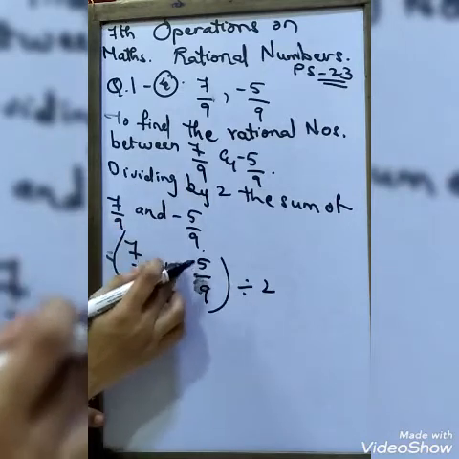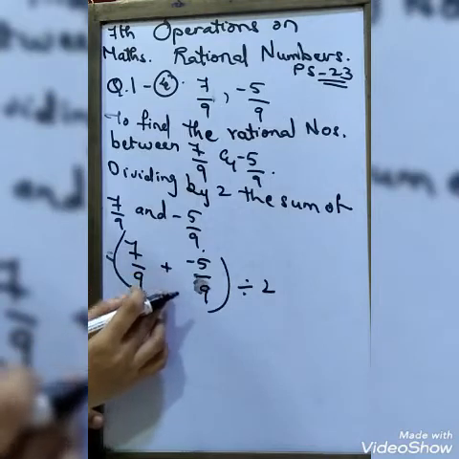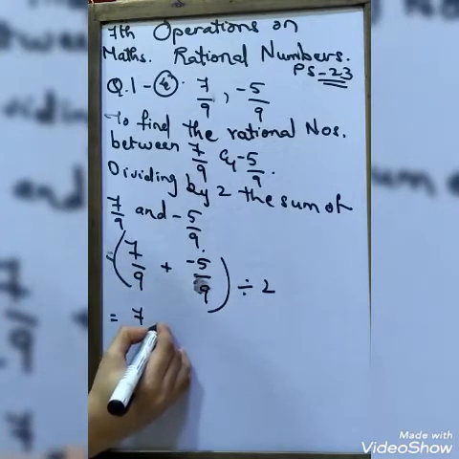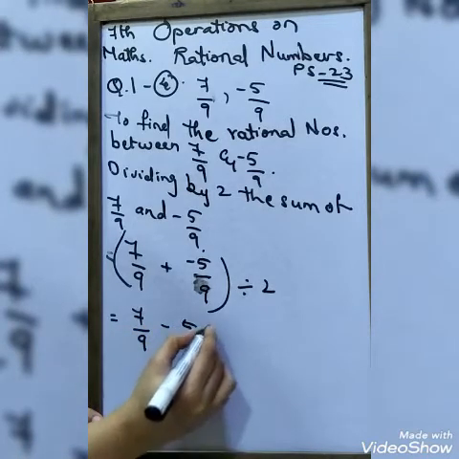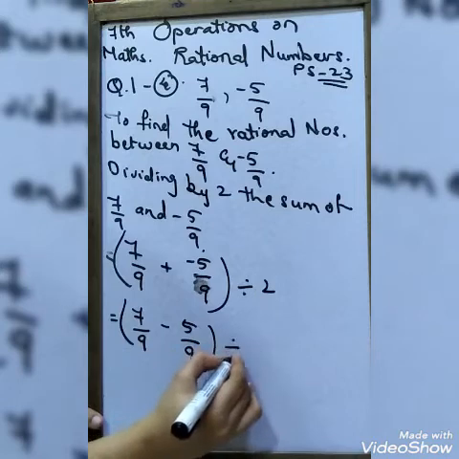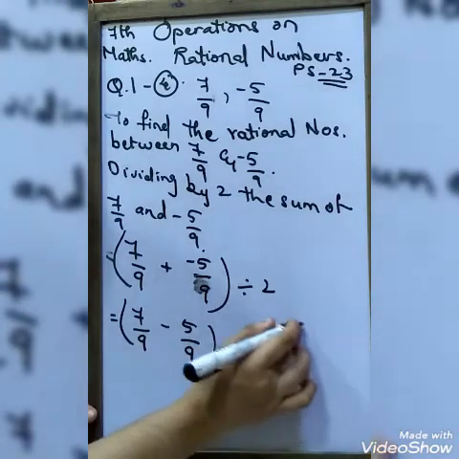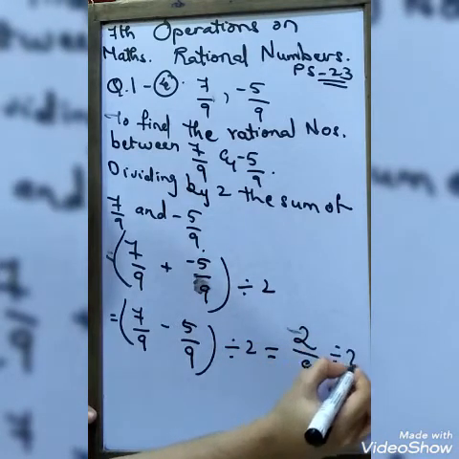Now minus is given, so in between the minus will come. So it will be half of 7 upon 9 minus 5 by 9 divided by 2, which equals 2 by 9 divided by 2.